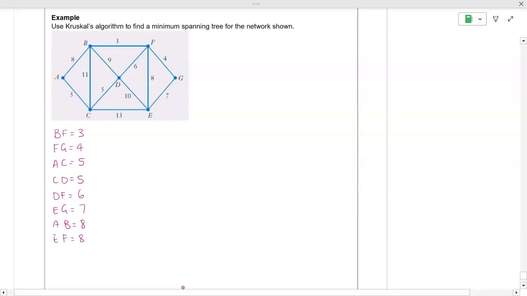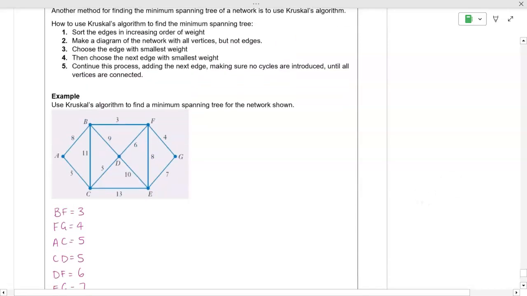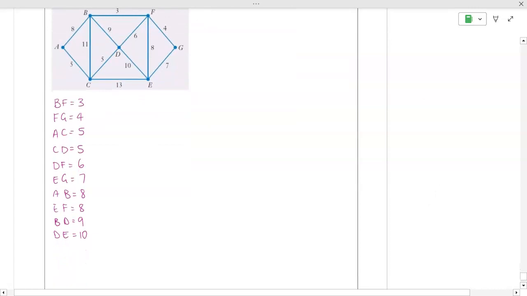EF is 8. BD is 9. DE is 10. We have BC, which is 11, and CE, which is 13. Okay, so that's our first step, sorting the edges in increasing order.